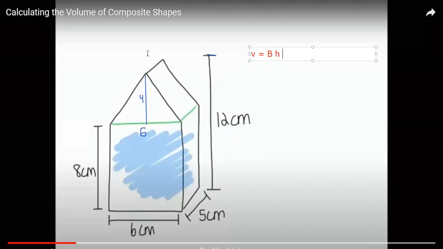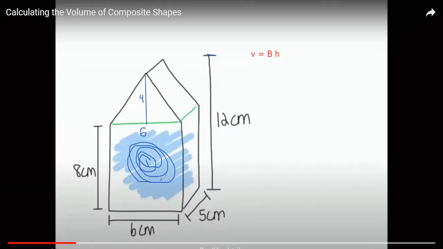As Ahmed Saber told me, we are going to divide it into two shapes. The first shape is a rectangular prism and the second is a triangular prism. For the first shape, we calculate the area of the base first. It was 6 and 5, which means it's a rectangle, so it will be 6 times 5. It will be 30 times 8.